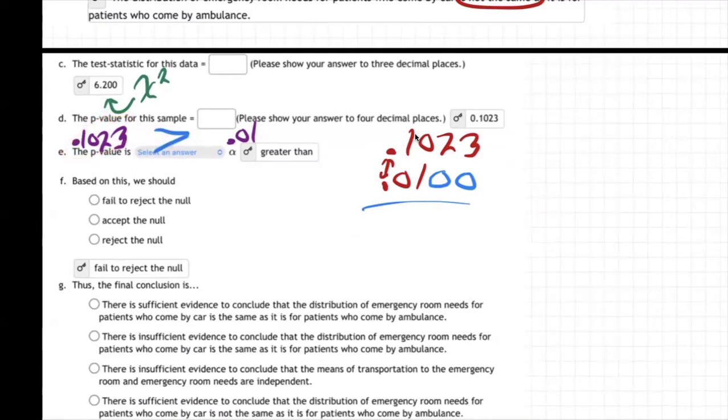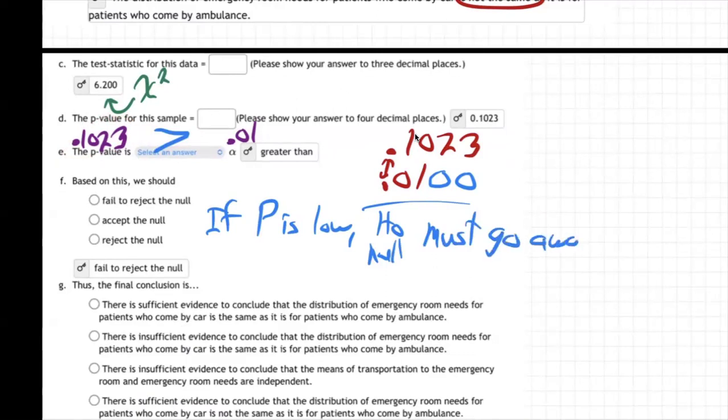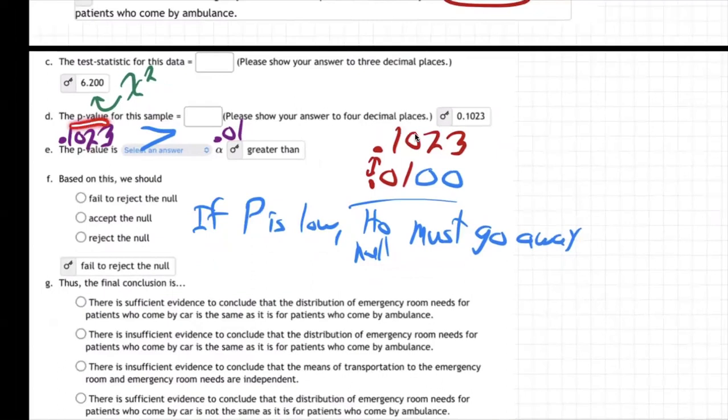So, all right, now what is our saying? If the P is low, then the H0, the null, must go, meaning go away. So if the P is low, how's it go? If P is low, the null must go away. Is our P value low? No, it's greater, right? The P value here is greater.